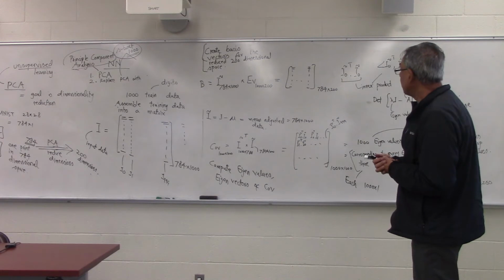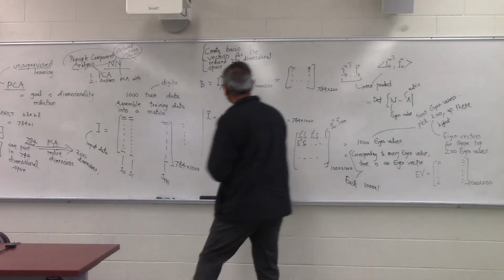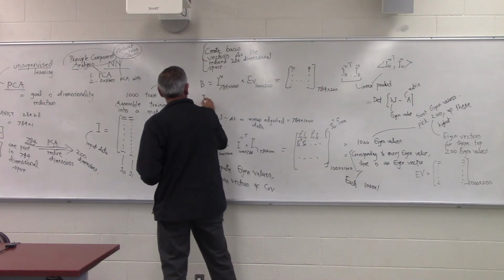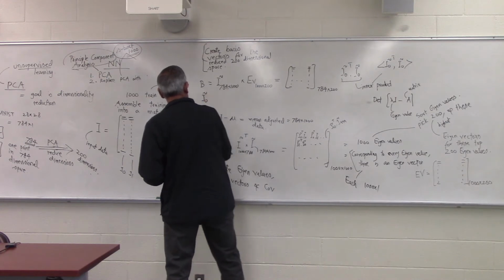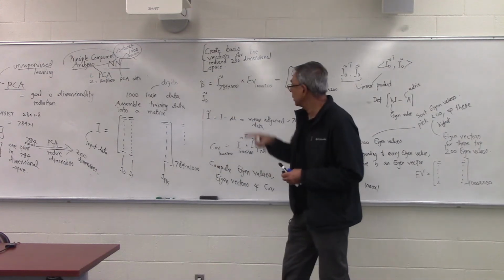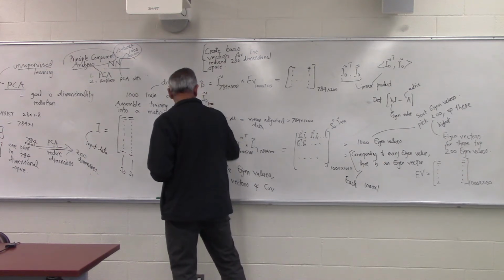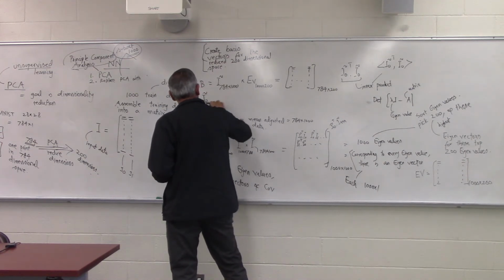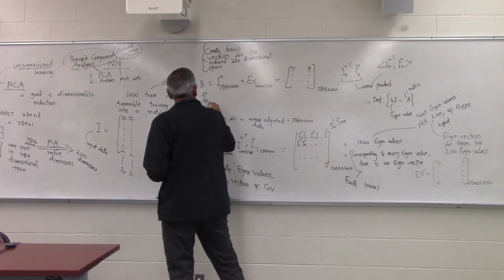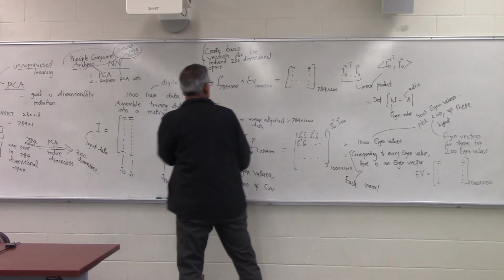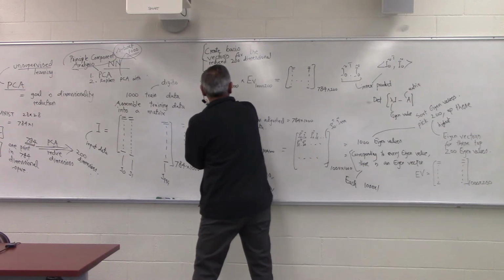Suppose I pick I0, meaning the first column out of the mean adjusted data. Wouldn't that be 784 by 1? And I want to multiply it by the bases.